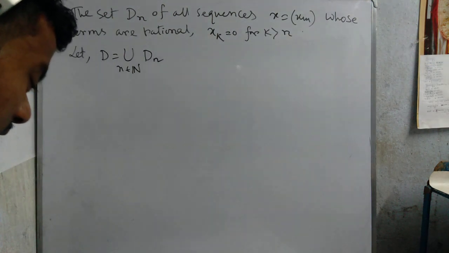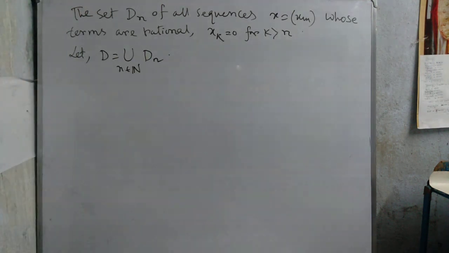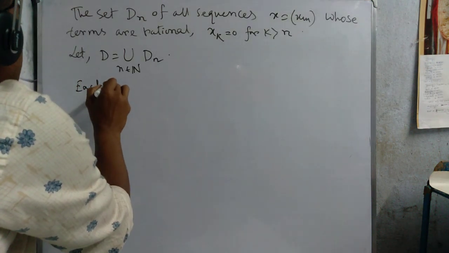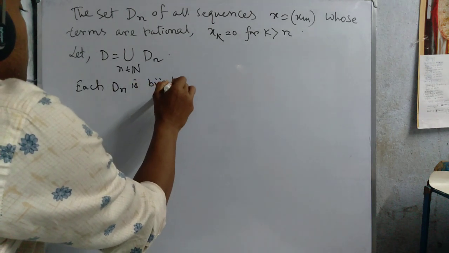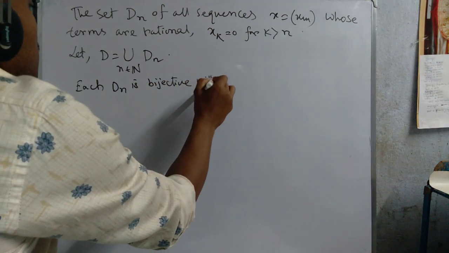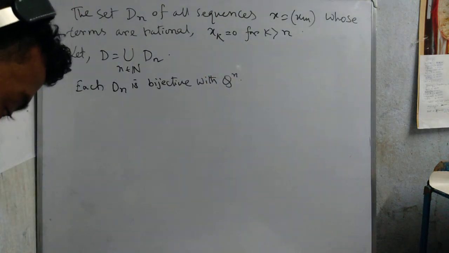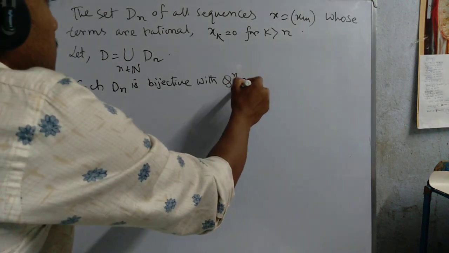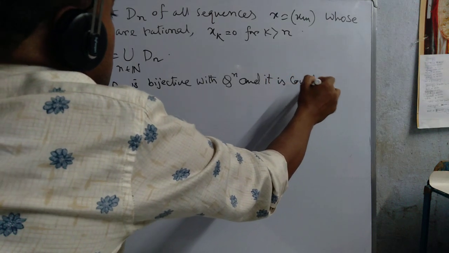Then each Dn is obviously bijective with Q to the power n. Hence it is countable.